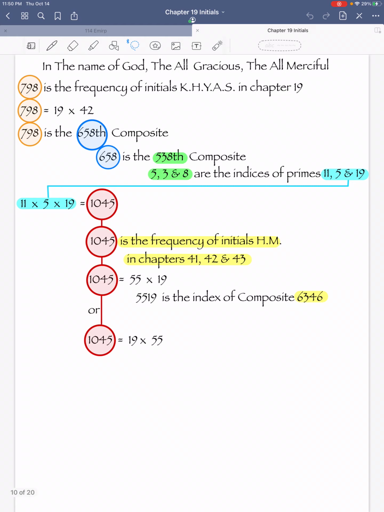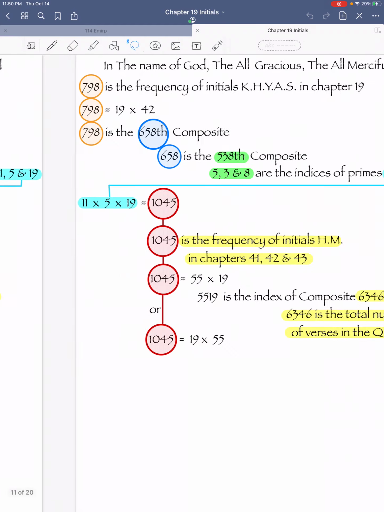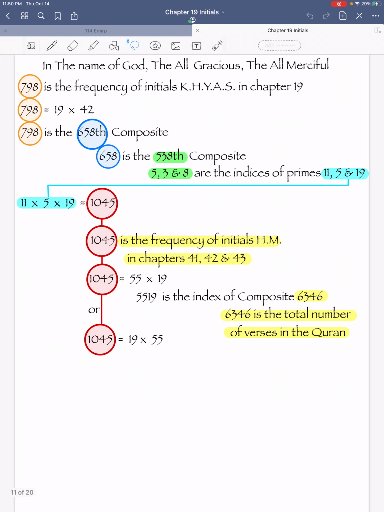We get 5519, which is the index of composite 6346, and 6346 is the total number of verses in the Quran. So, the total number of initials in chapter 19 gave us the total number of initials in chapters 41, 42, 43, and it also gave us the total number of verses in the Quran.